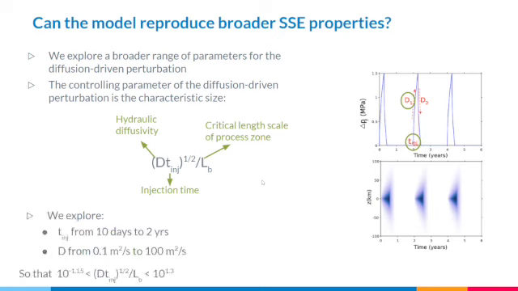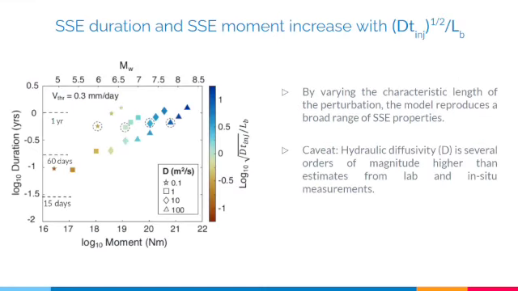So we explore a wider range for the injection time and the diffusivity, and we impose perturbations with different characteristic sizes, and for each perturbation we calculated the properties of the induced SSEs, and we plot the results in this figure.